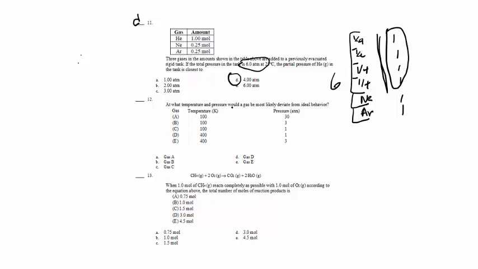Number 12, at what temperature and pressure would a gas be most likely to deviate from ideal? Well, gases tend to deviate from ideal when they're close together, in close proximity, because then the forces of attraction are greater. That tends to happen under high pressures.